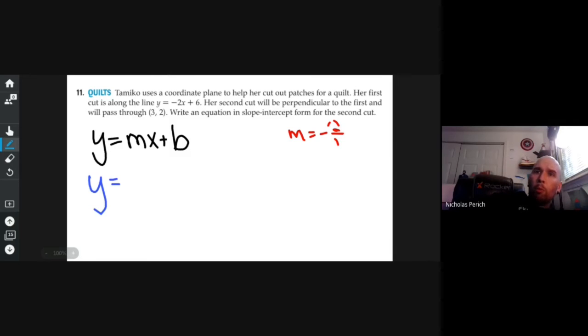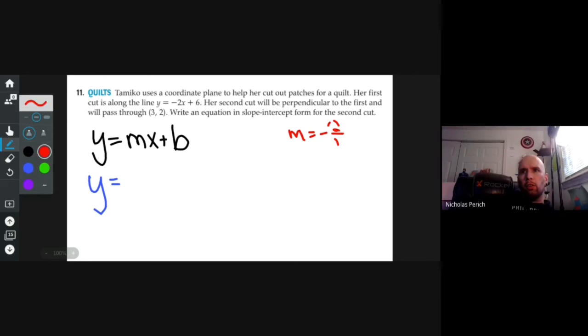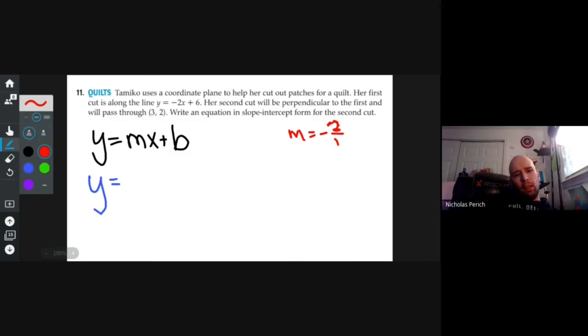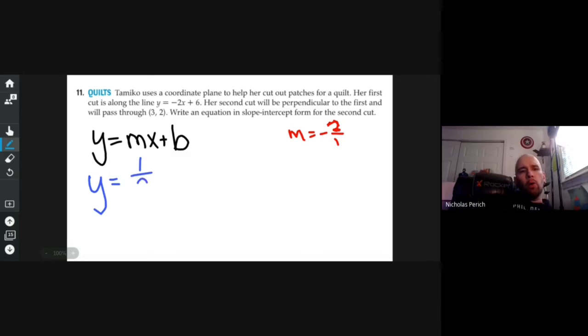Perpendicular slopes are negative reciprocals of each other. So what is the opposite and flipped version of negative 2 over 1? Opposite and flipped. 1 over 2. So I have 1 over 2x plus b.